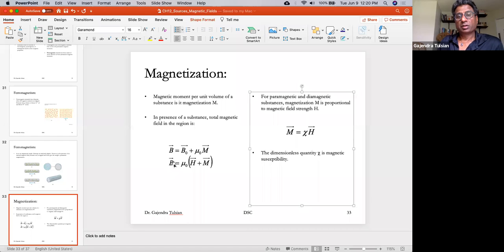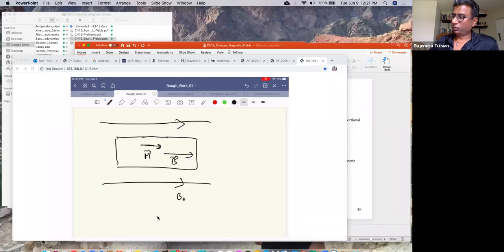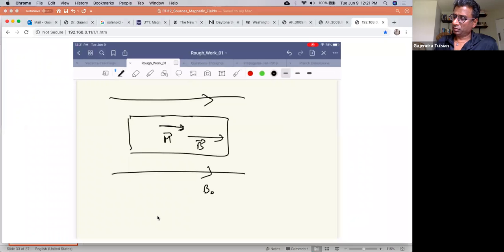We define something called the magnetic field strength H, which is related to that. We define B naught as mu naught times H.